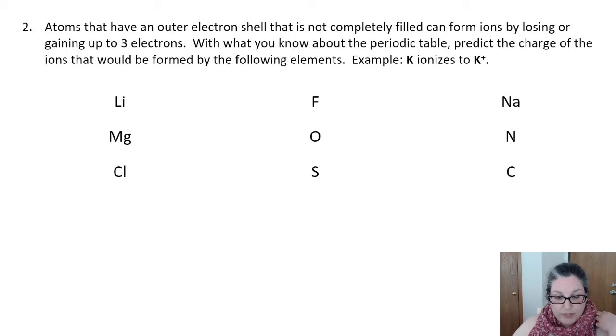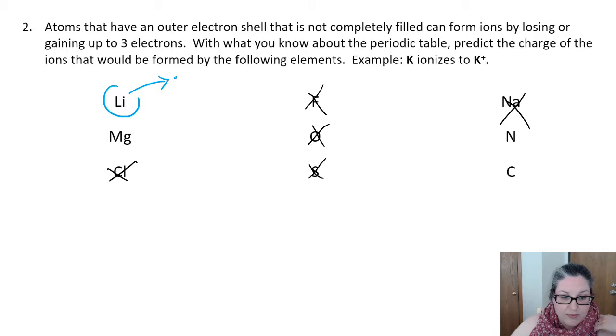So we decided we're going to do everything except we're not going to do chlorine or any of these. You can do those on your own, but we'll do these 4. So lithium we know is going to get rid of 1, right? But if we have lithium, it's going to get rid of that 1 electron.